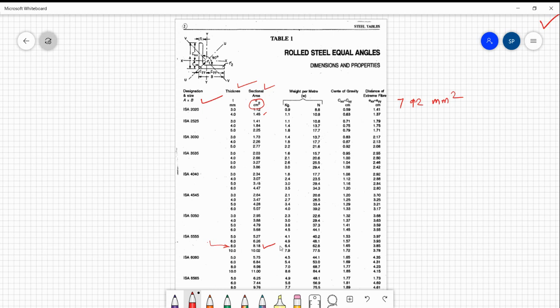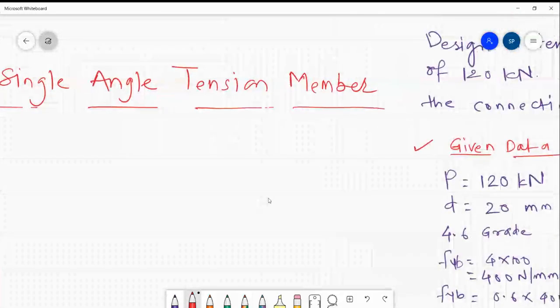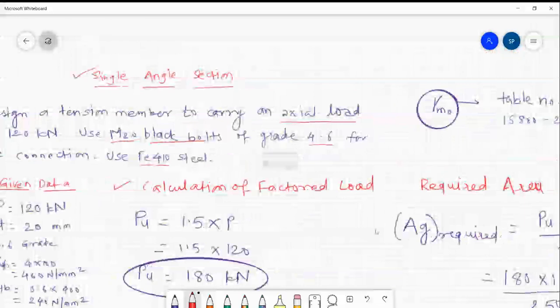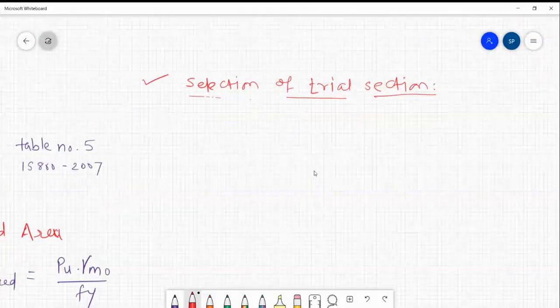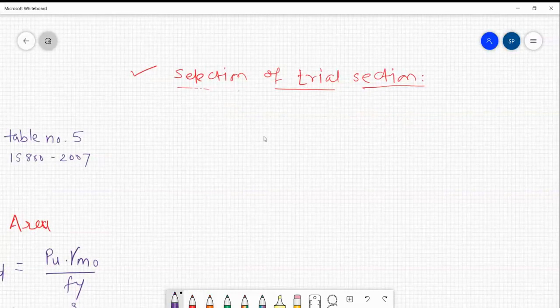Now this next column gives an idea about weight per meter. So 6.4 kg per meter is the weight of that particular trial section. So that you have to select from the steel table. Now once you get the trial section, you can mention it here.